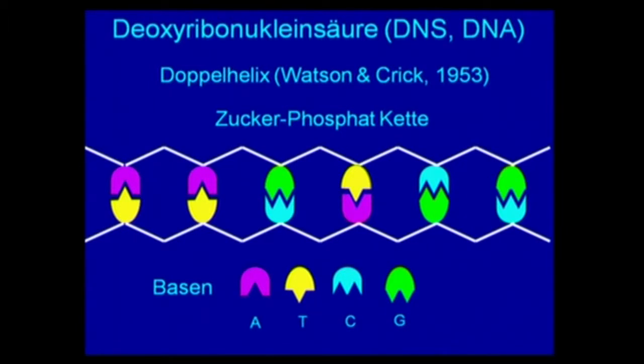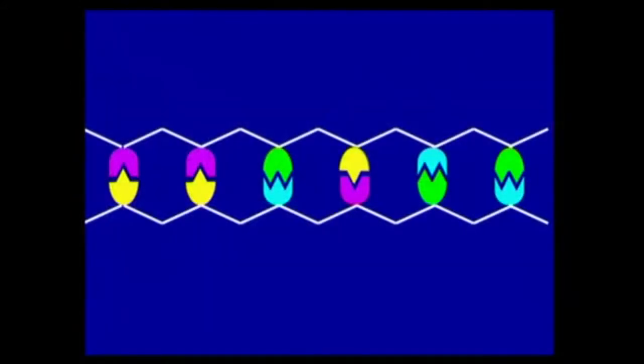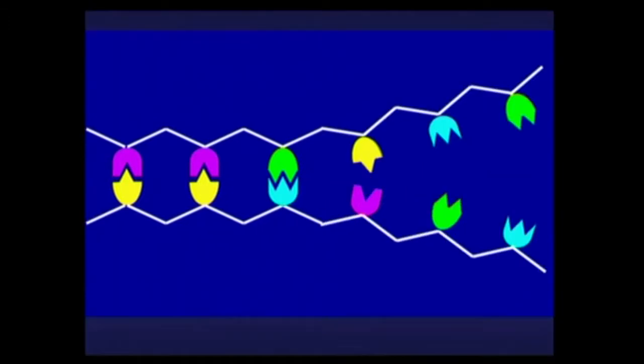It consists of the double helix, the sugar phosphate chain and bases shown in 4 different colors, A, T, C, and G. And one base is conditional for the existence of the other colors on the strand, and this is essential for propagation so that the genetic code can be preserved.